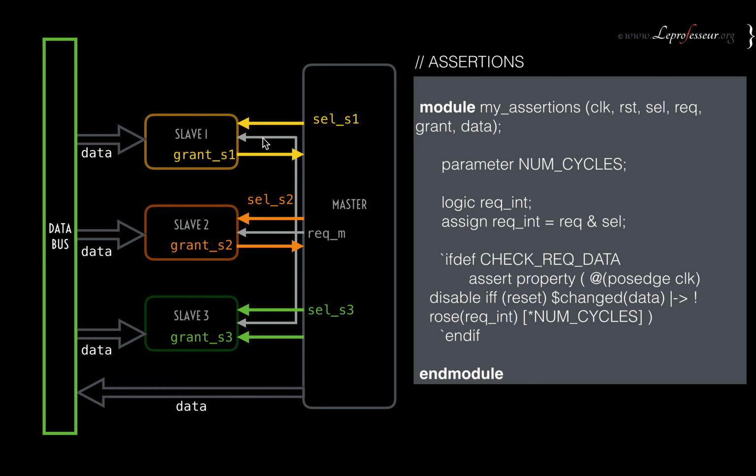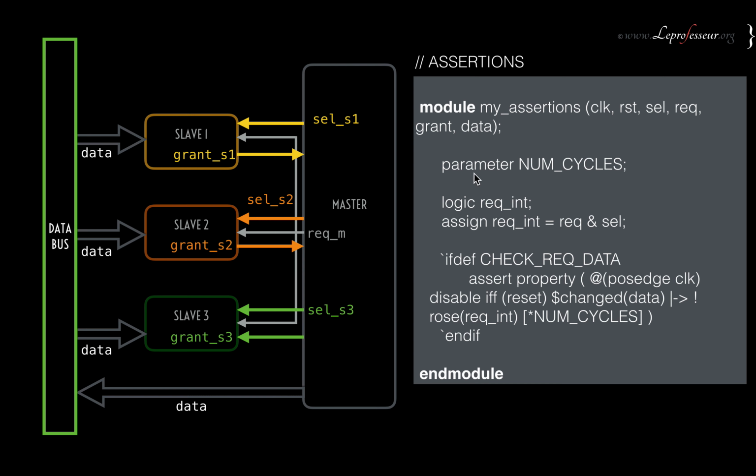So master wants to communicate with me. So slave 1 is active and responds, while slave 2 and slave 3 don't respond because master does not assert the select S2 or select S3 signals.